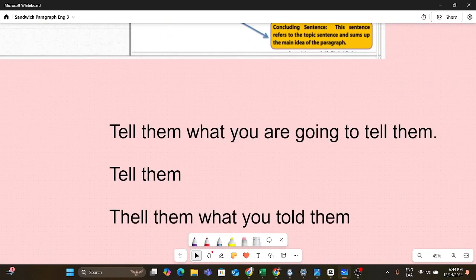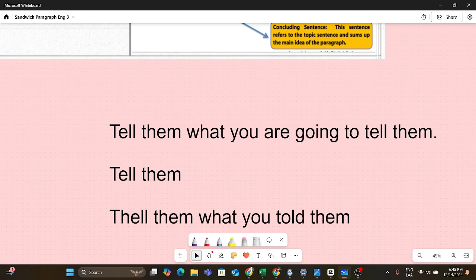In the introduction of a paragraph or an essay, we are going to tell the reader what we're going to tell them. So in the introduction, in the topic sentence, we tell them what the paragraph is going to be about.